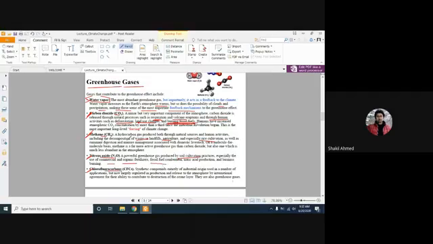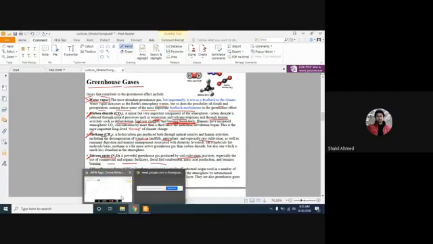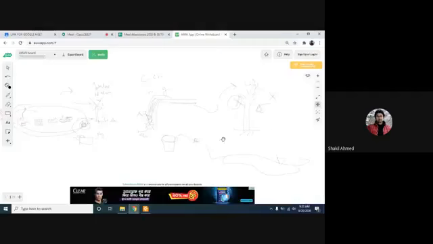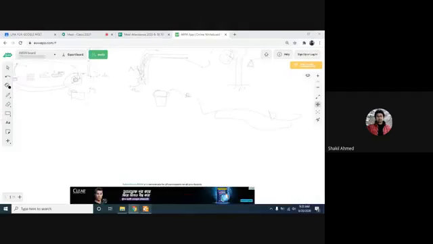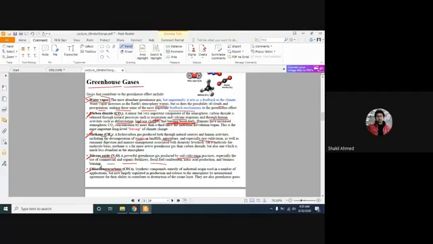Chlorofluorocarbon, CFC, is a synthetic compound which was used to make refrigerators. But since this is a greenhouse gas, the majority of governments in the world have banned CFC nowadays. So this is now banned in the majority of countries.